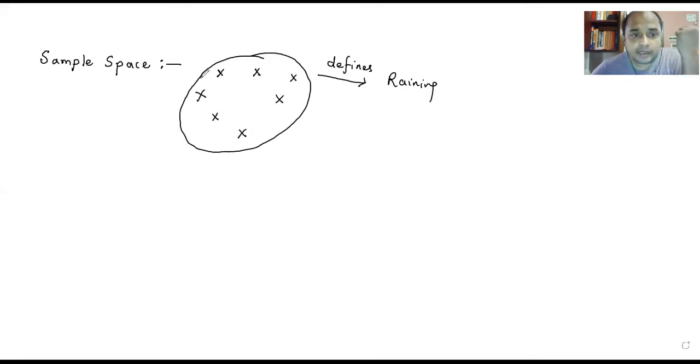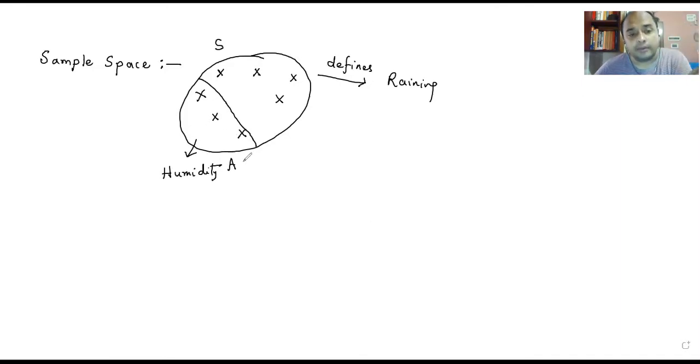I am now considering a part of this particular set, only 3 parameters, as you can see. This part is a subset. If I denote the entire set by capital S, this subset of S can be denoted by capital A. The entire set defines raining, and this subset defines the humidity of the weather.